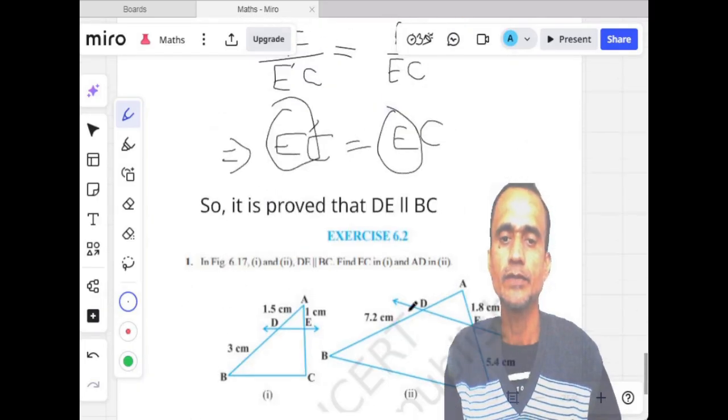Similarly, we can solve this question also. We just need to input the values provided in the figure.